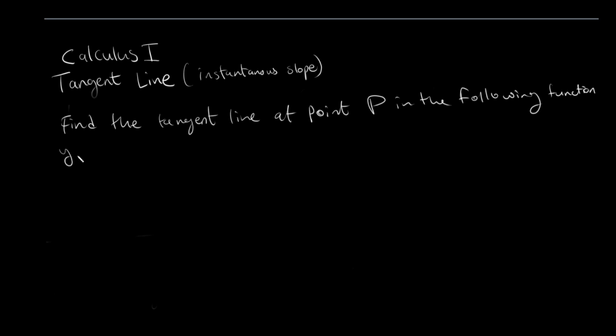So our function is going to be 1 over (1 minus x). Our point P is going to be (2, -1).